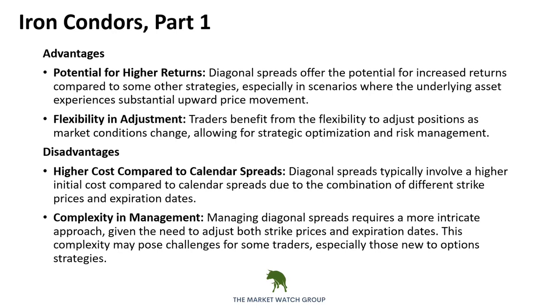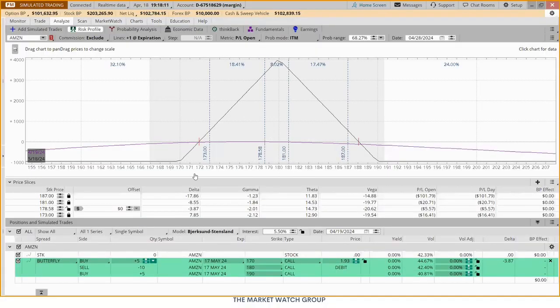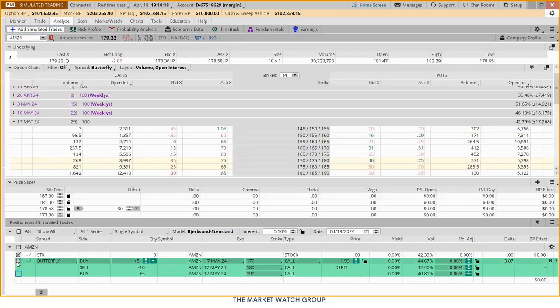Okay, iron condors. So remember with an iron condor, it's the same thought process. Let's go back to this. Now I'm gonna do a comparative iron condor.